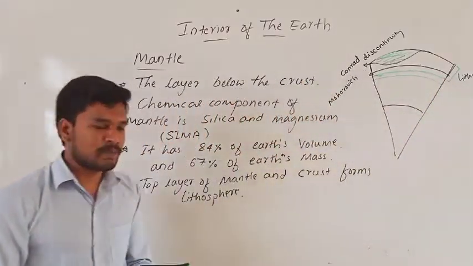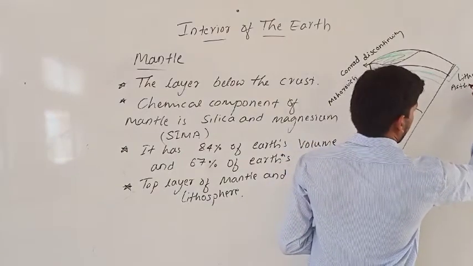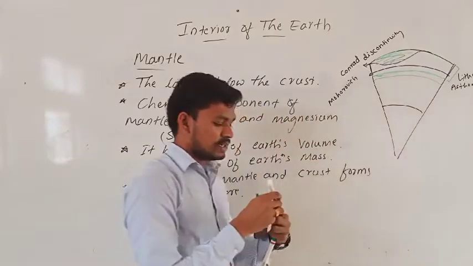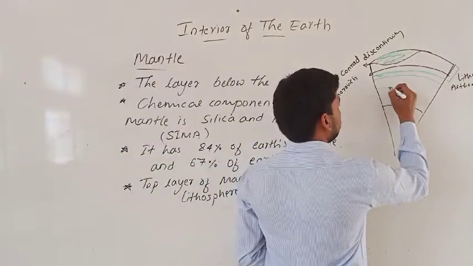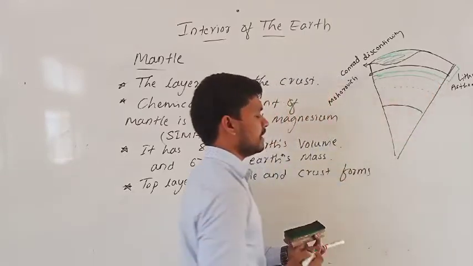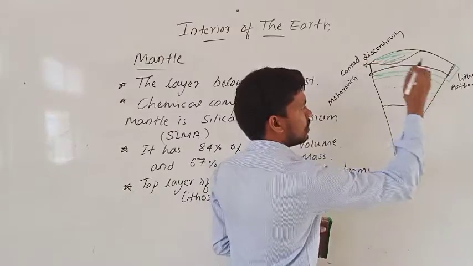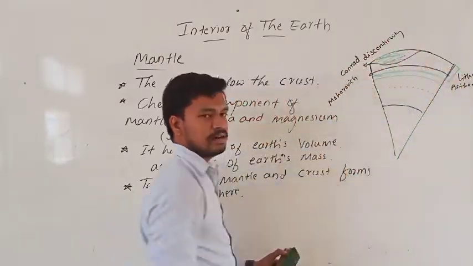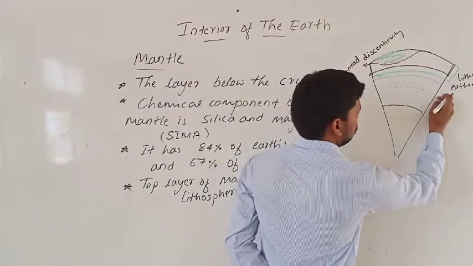The second upper layer in the mantle is called the asthenosphere. Then further, the mantle is divided into two divisions: upper mantle and lower mantle. The upper mantle has three layers: lithosphere, asthenosphere, and this upper mantle. Then the lower mantle has another division.